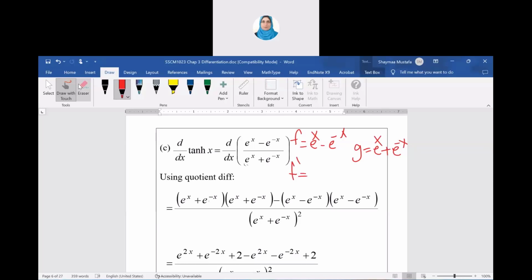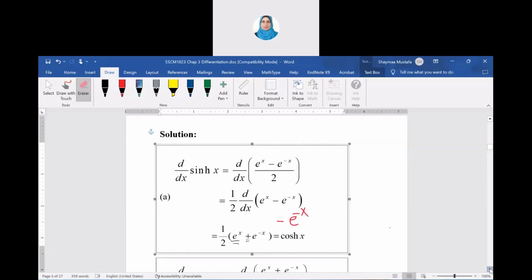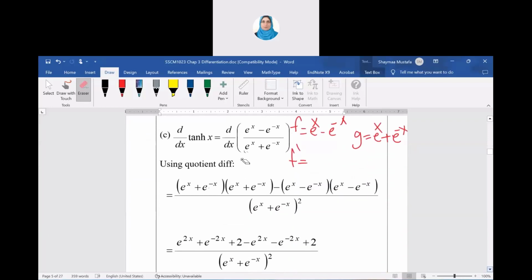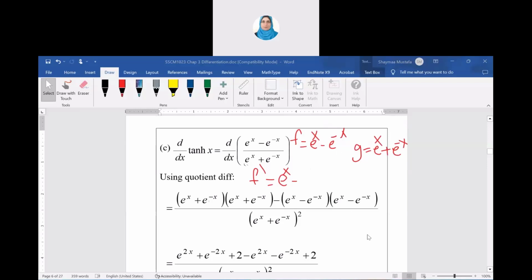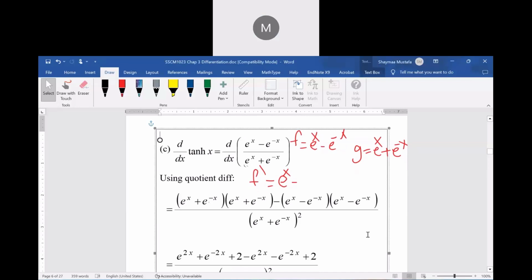The derivative for f is equal to the derivative of e^x, which is e^x, minus the derivative of e^(-x). What is the derivative of e^(-x)? Negative e^(-x). Yes, correct, negative e^(-x).